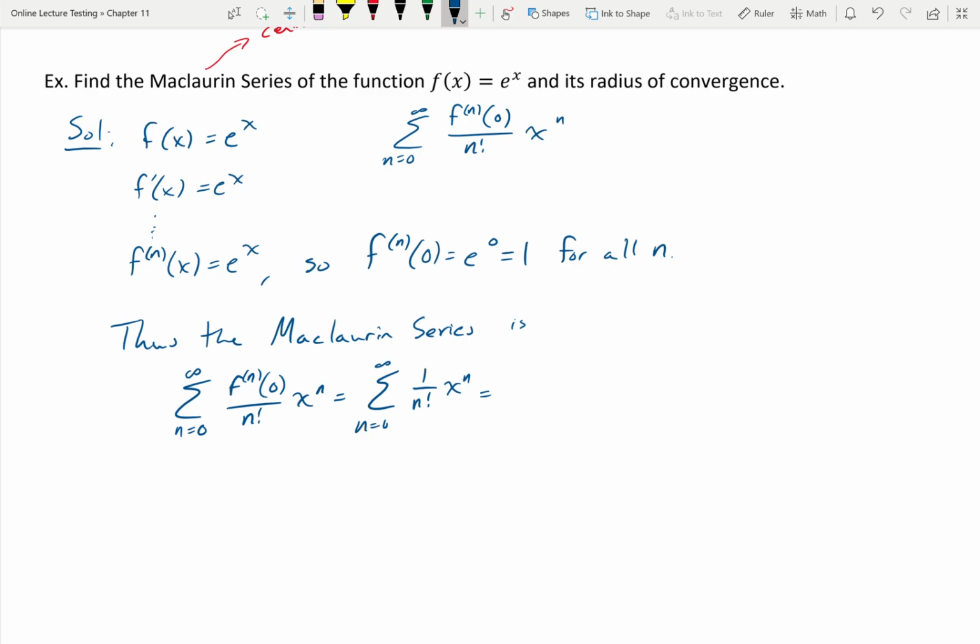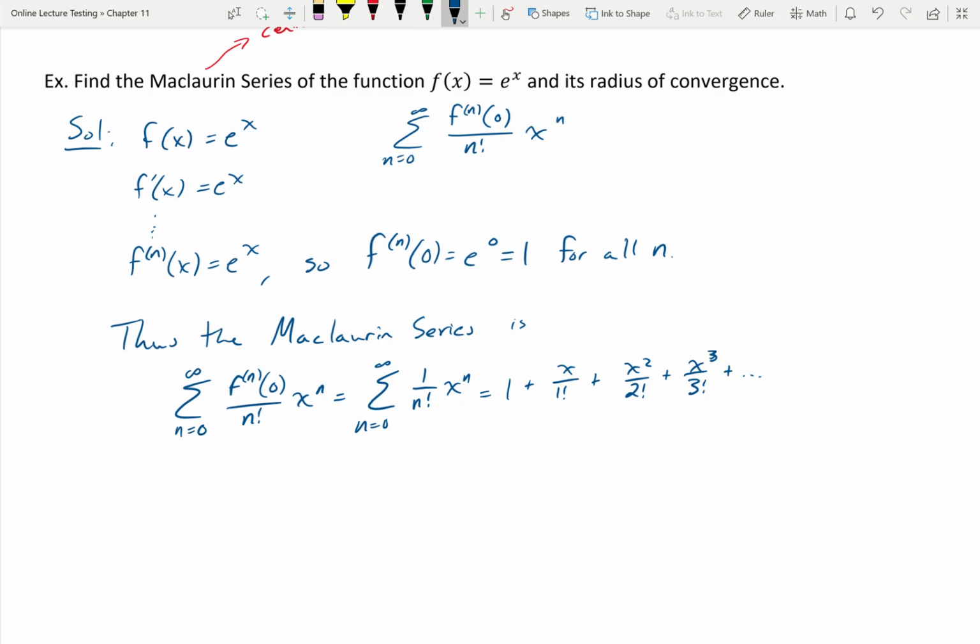So if we were to write every single term out when we start at 0, well, 0 factorial is 1, so we are going to get the value 1 plus x over 1 factorial plus x squared over 2 factorial plus x cubed over 3 factorial plus so on. All right, so this is the Maclaurin series representation of e to the x.